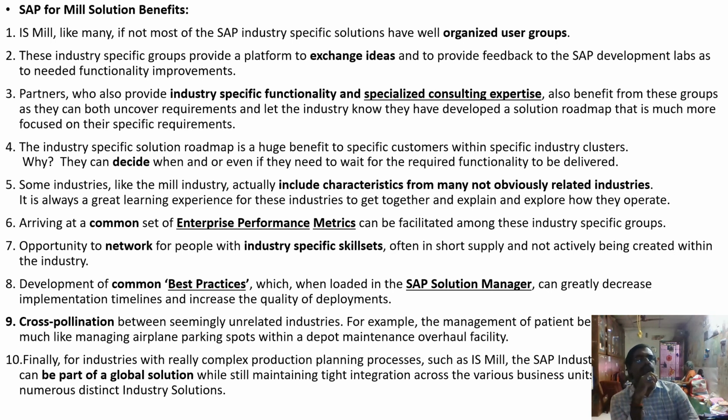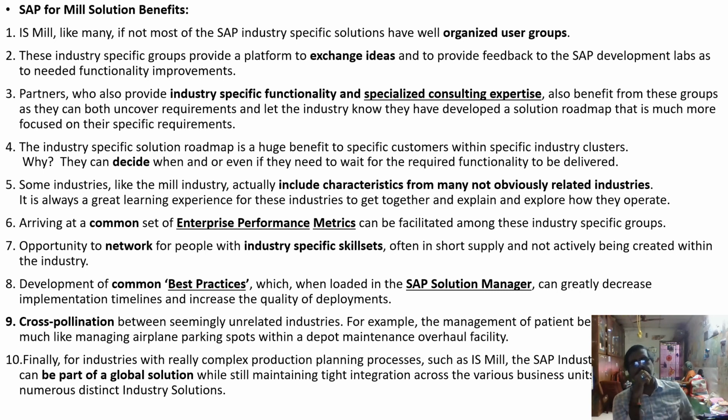Oxygenation plant, degasification, coal liming, like that, a lot of internal operations, and it is very difficult to integrate all these operations in a single process layout in the mill industry. So the industry-specific solution can be a part of a global solution while still maintaining a tight integration across the various business units which use numerous distinct industry solutions.